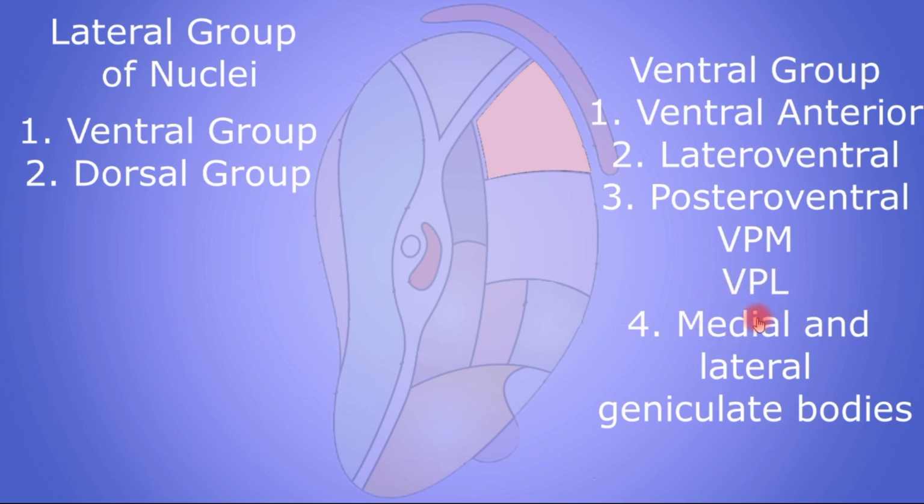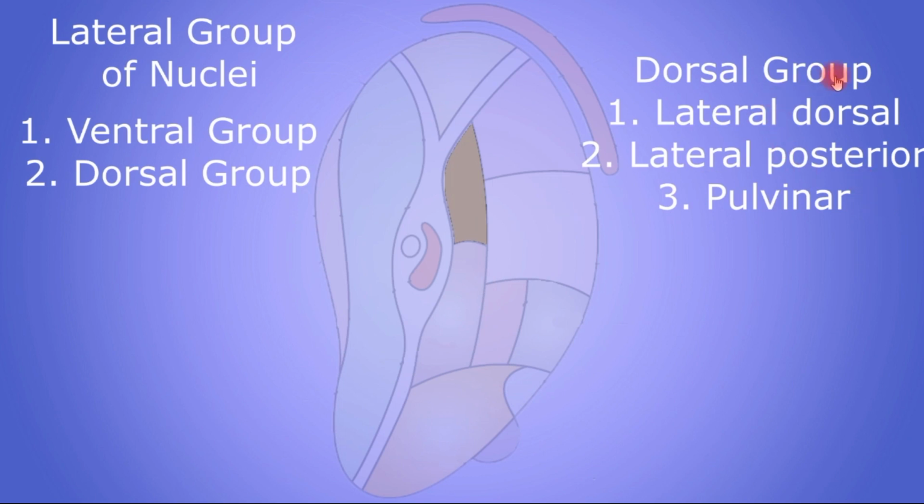Then come the medial geniculate body and the lateral geniculate body. As we can see here, this portion is the ventral anterior, this is ventral lateral, this is ventroposteromedial, this is ventroposterolateral, this is the medial geniculate body and this is the lateral geniculate body.